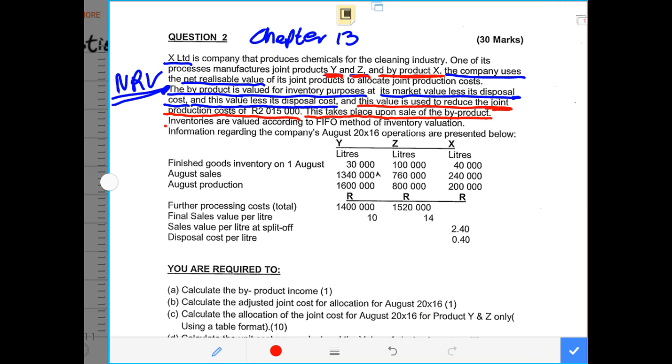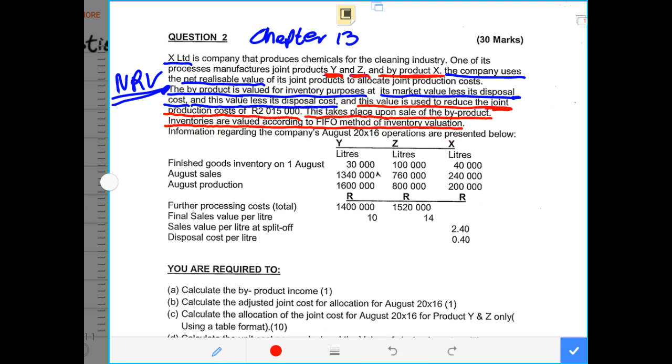Then they further say that inventories are valued according to the FIFO method of inventory valuation, and that information regarding the company's August 2016 operations is presented below. So here we are presented with the information gathered for the month of August in the year 2016.